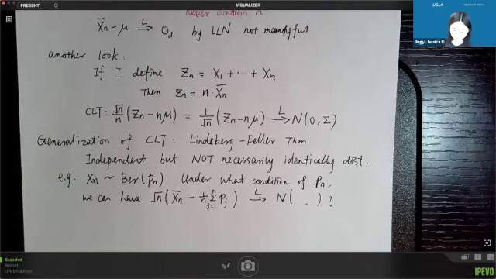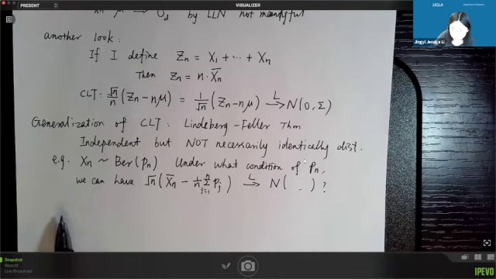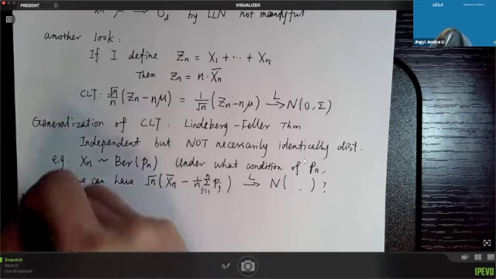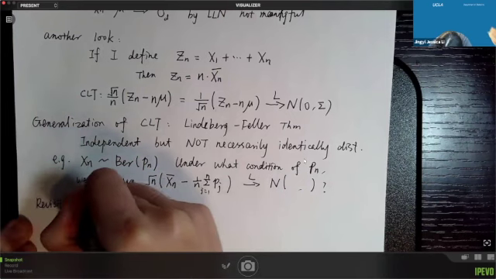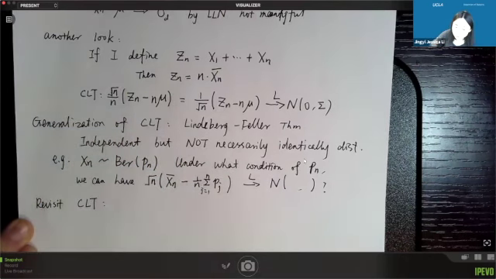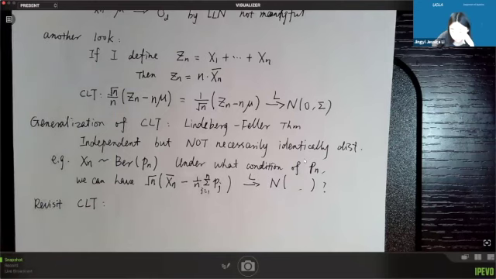But for now, let's give it a more general notation to help our discussion. So let's revisit the CLT. We're going to write our random variables in terms of a triangular array. This can help you understand better.